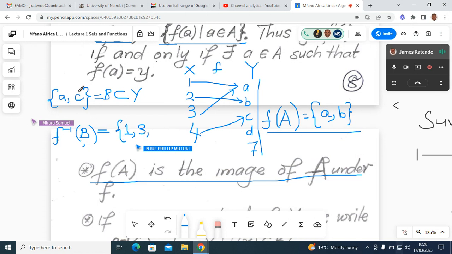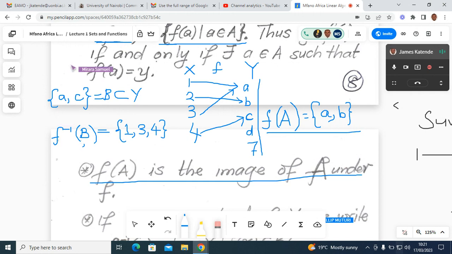The other one that is in the subset of the codomain is C. So again, we figure out where C is and check what are all the elements in the domain that are sent to C, and it's only 4. So that covers the pre-image of B. I hope that makes sense.